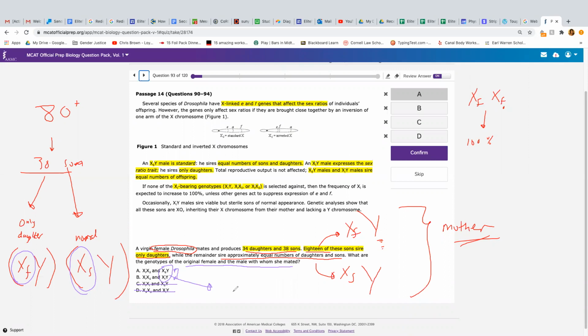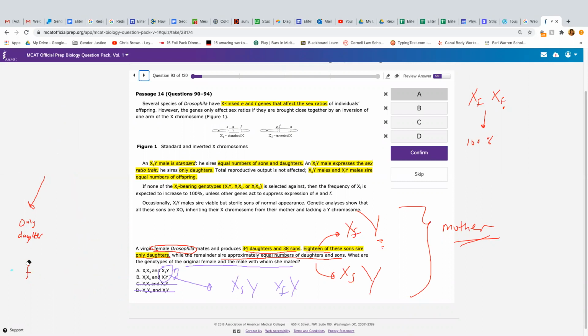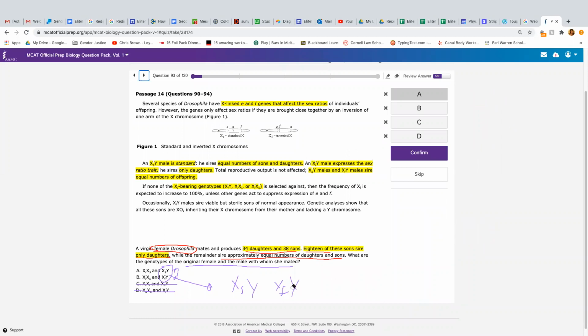Now the question is, are they going to be XSY or XFY? And this is going to be the last thing we do. And it's great because it's another point that I made at the very beginning of this video that's super subtle, but very important. And that is, you always, always, always want to stay within the passage. No matter how difficult or challenging the passage or question gets, you can't forget what the passage really has been talking about. And the whole passage has been talking about one thing, ratio traits.